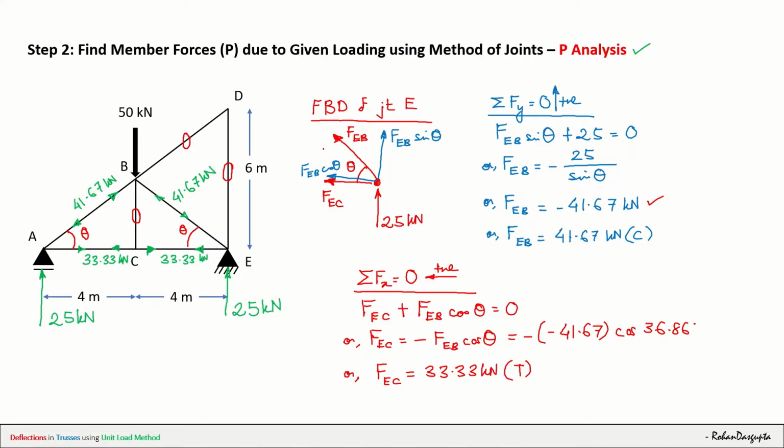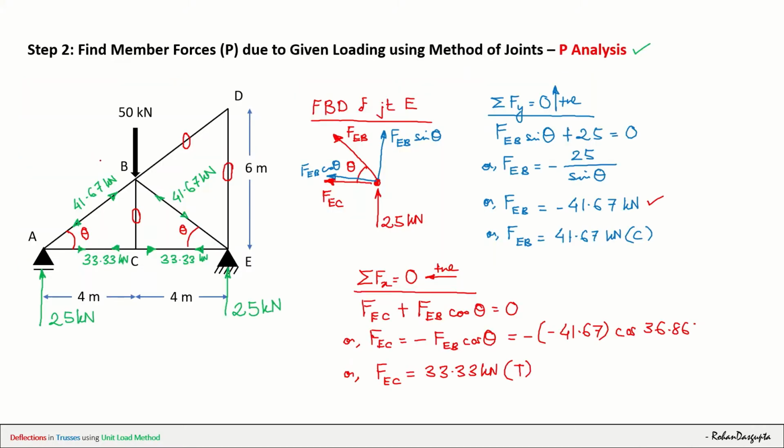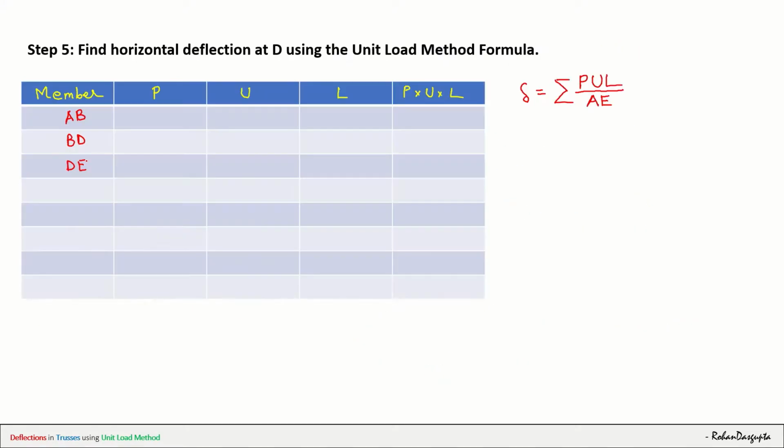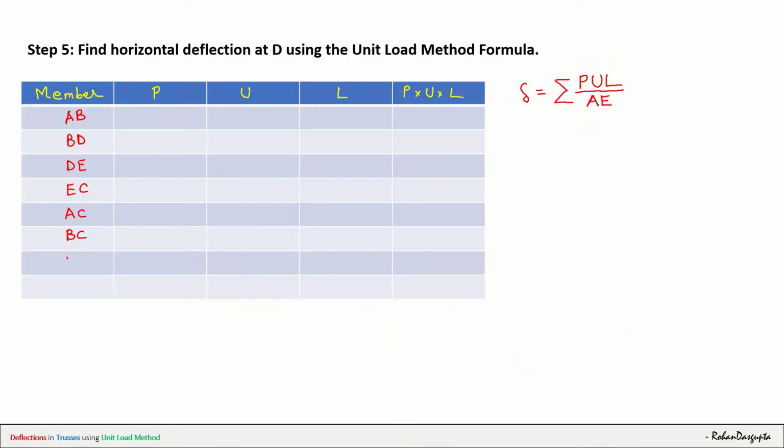So I can write the names of the members AB, BD, DE, then EC, AC and BC, and lastly we are left with BE.